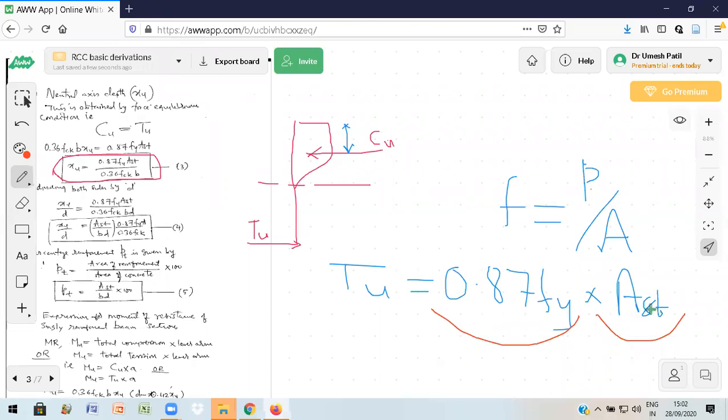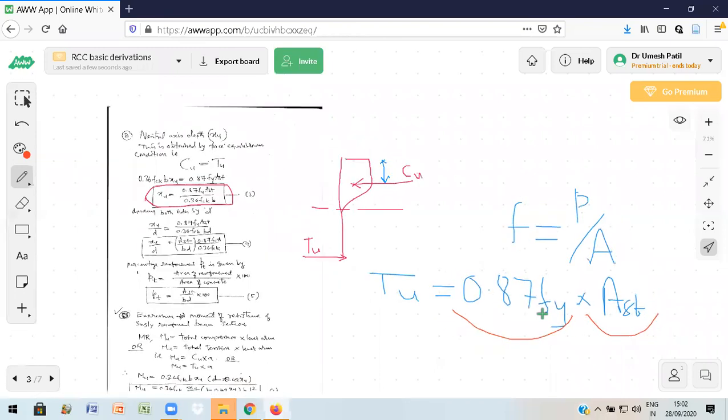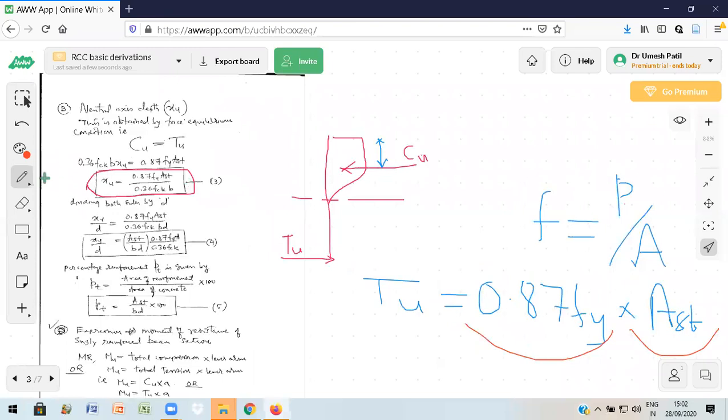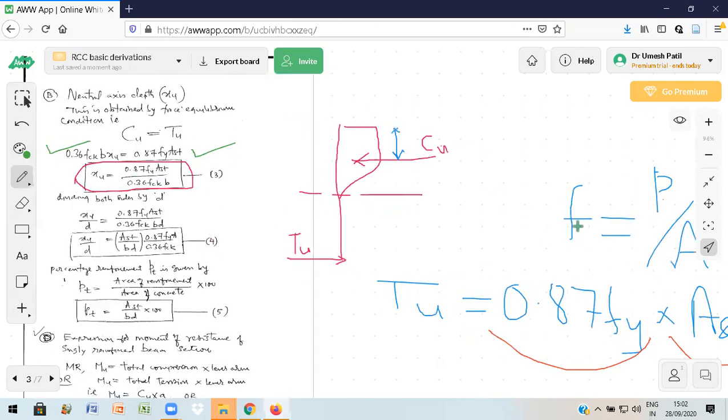If there are 4 bars of 12 mm, 4 into pi by 4, 12 squared, that is Ast. If fy is given as 415, you substitute 415 here. If it is 250, substitute 250. That's what I am doing. Now this formula, where it comes from, carefully observe this one. This derivation is here, on this side. Just observe.